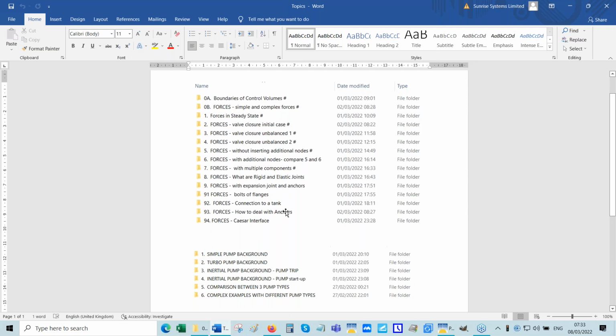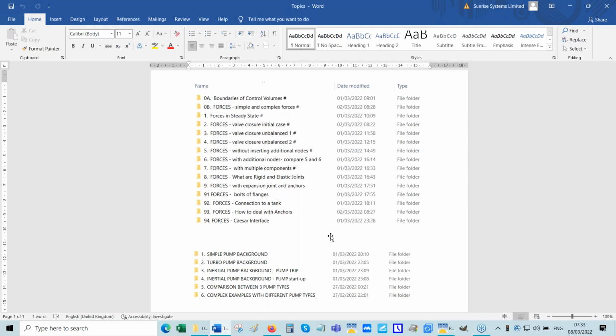The first thing I'd like to say about forces is that there is no rigid rule about how you calculate forces or how you define forces. It is entirely up to you.